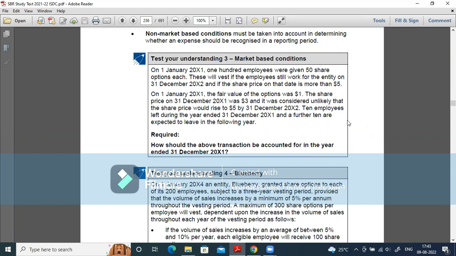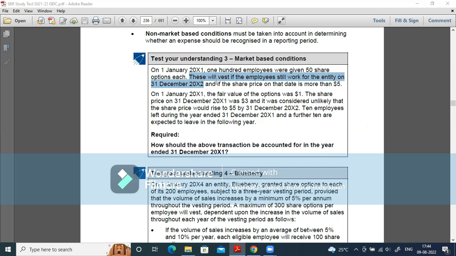Is it a service-based condition or performance-based condition? The employee needs to work up to 31st December 2002 in order to vest these share options. So it is a service-based condition, right?